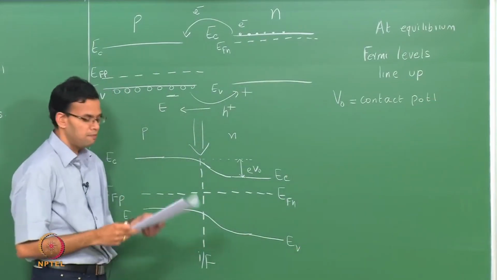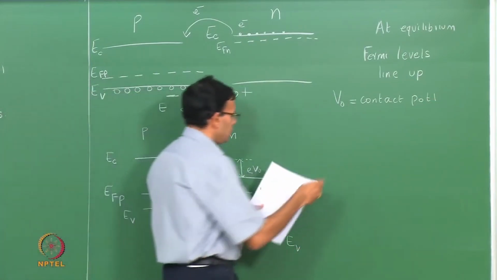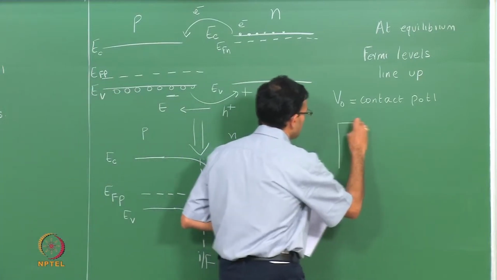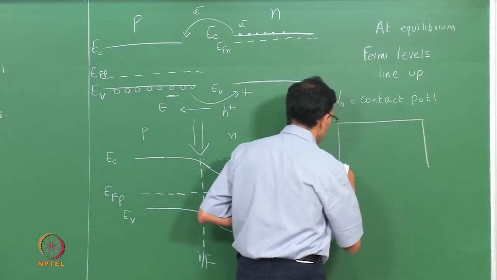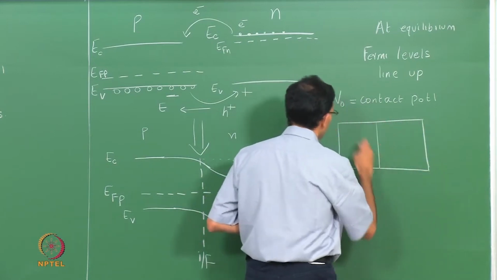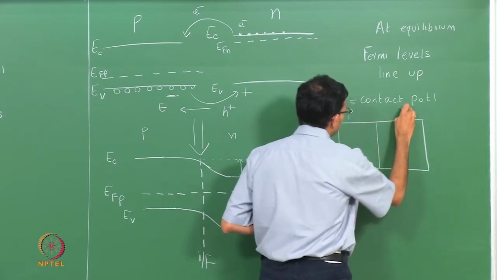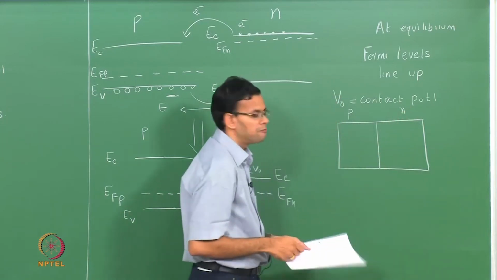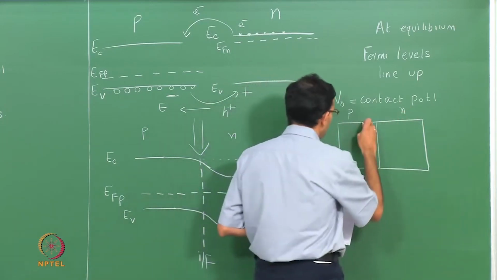So, we can draw a simplified picture of this. So, let me just draw a schematic. So, this is my P side, that is my N side. I form my P N junction.